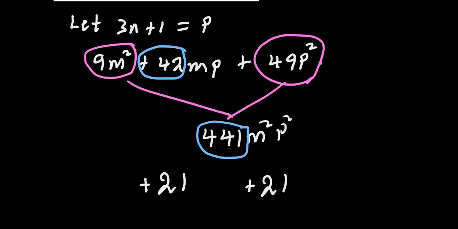So plus 21 times plus 21 is 441, and the sum of 21 and 21 is 42. Once that is done, we have m squared here. So split it into 2, put one m here and one m on this side. And this is also p squared. Split it into 2, place one p here and one p.